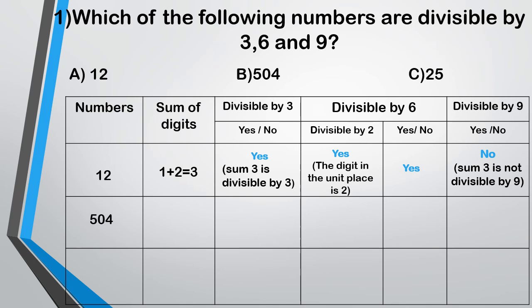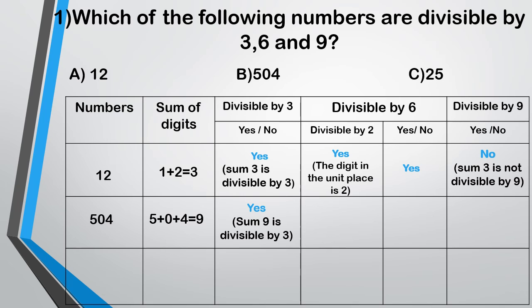Then the B sum, 504. What is the first step? We find the sum of digits. 5 plus 0 plus 4 is 9. 9 is divisible by 3; 3 3s are 9. So yes, the sum 9 is divisible by 3.